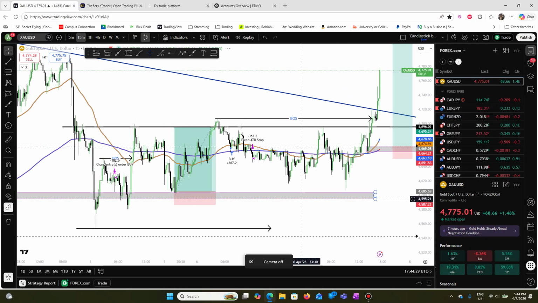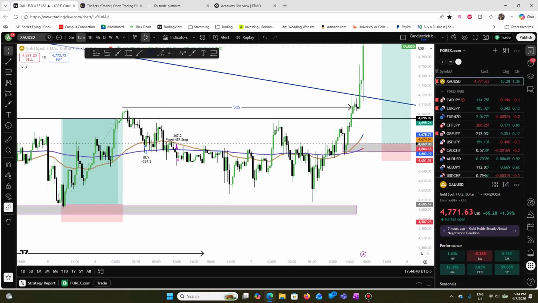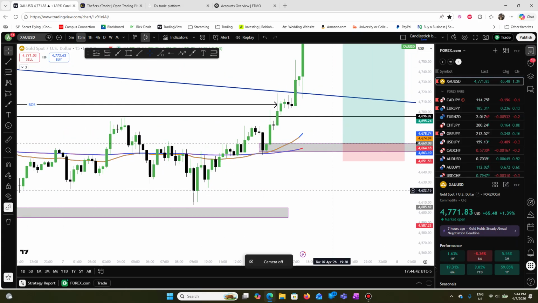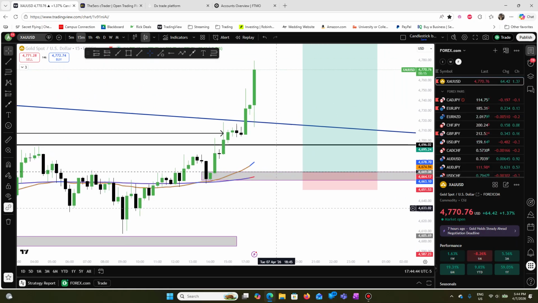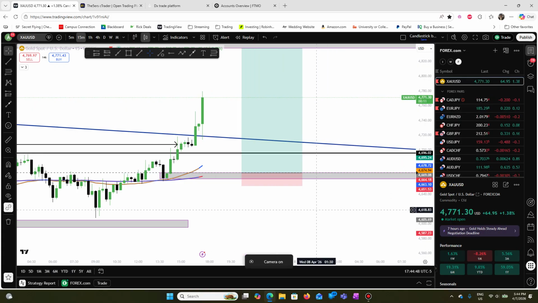If we can zoom out quite a little, so I went back into our 50-minute time zone and said, okay, that high has been broken. Where can we find our demand zone? Is what I am looking for in the next setup.